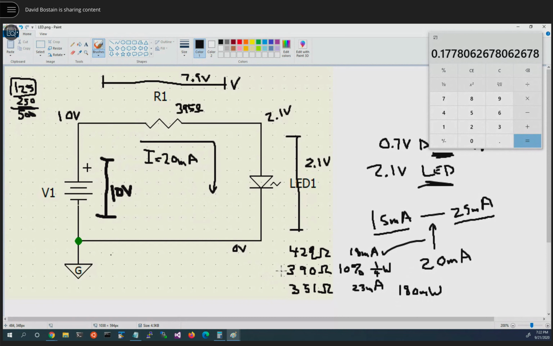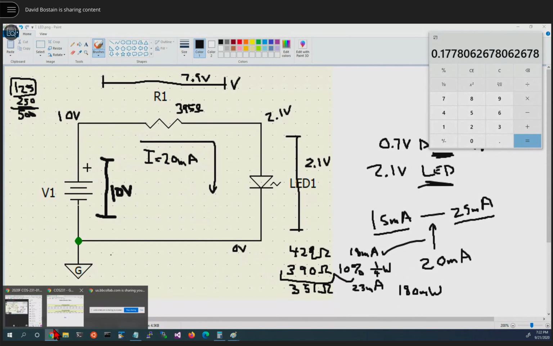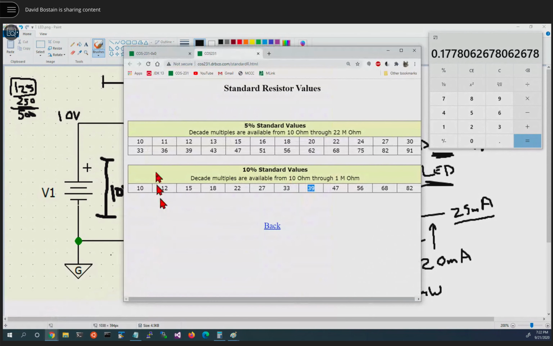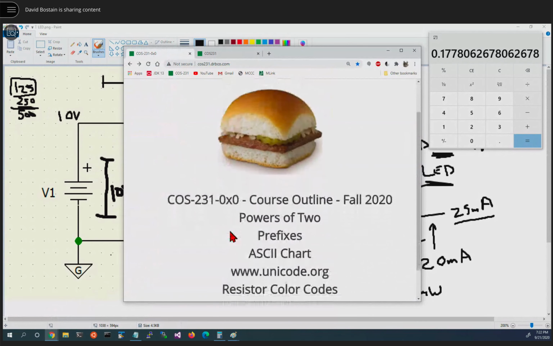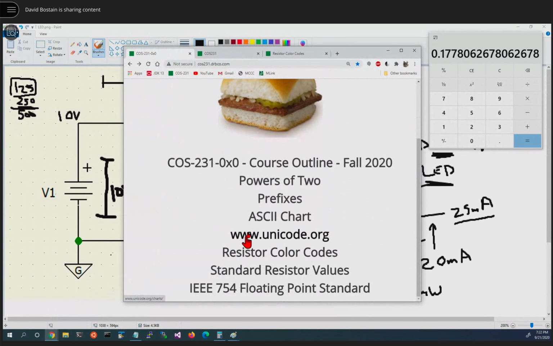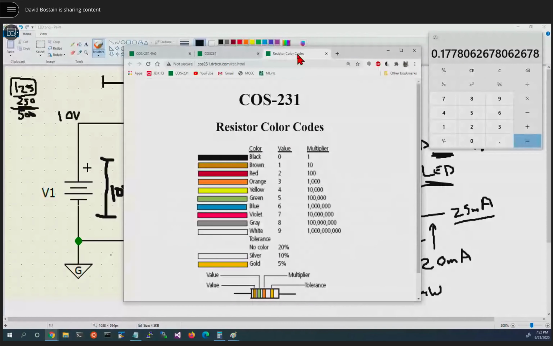So we need to find out what the color code is of a 390 ohm 10% resistor. So let's look that up if we don't have it memorized. Okay, 390 is going to be orange, white, 10 is brown.